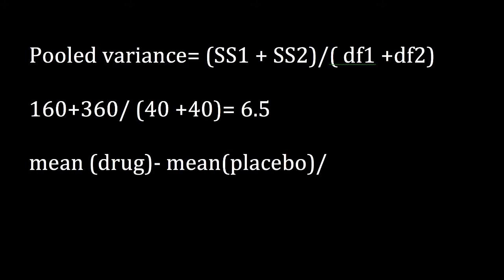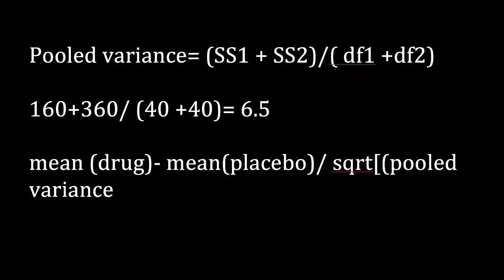And then we divide all of that by the square root of the pooled variance, which was the 6.5 number we calculated in group 1, divided by the number of patients in group 1.